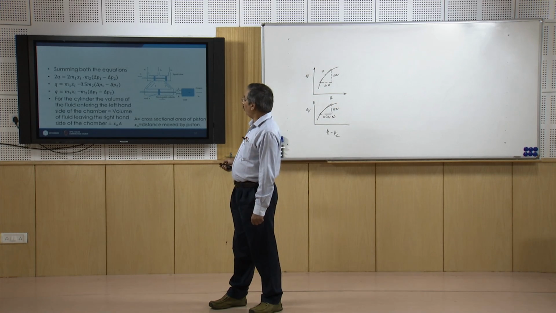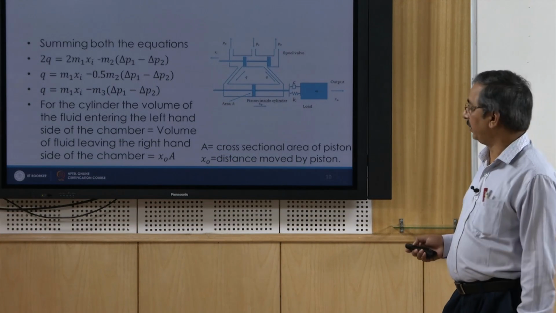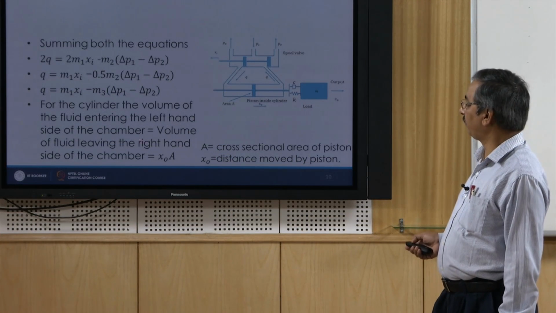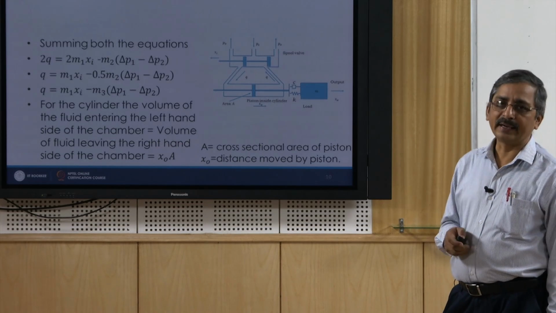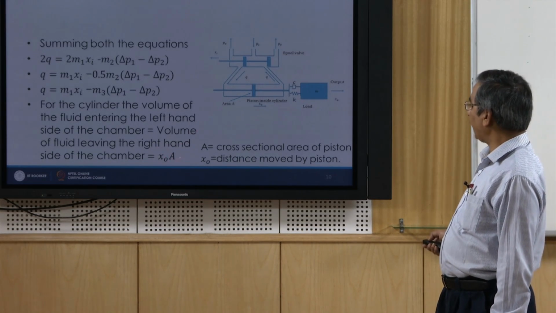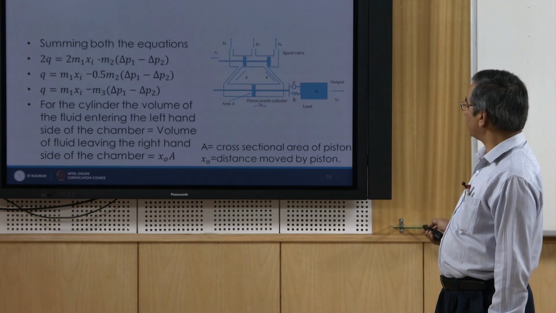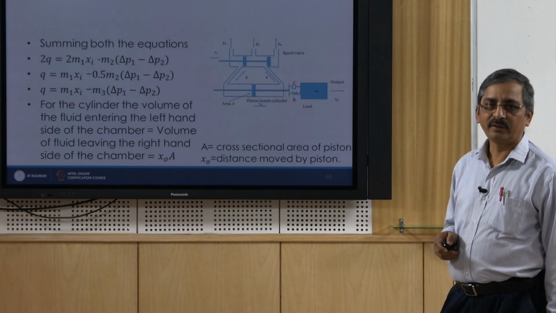Now, for the cylinder, the volume of the fluid entering the left hand side of the chamber is the same as the volume of the fluid leaving the right hand side of the chamber, and this volume will be x0 into A, where x0 is the piston motion and A is the area of cross section.